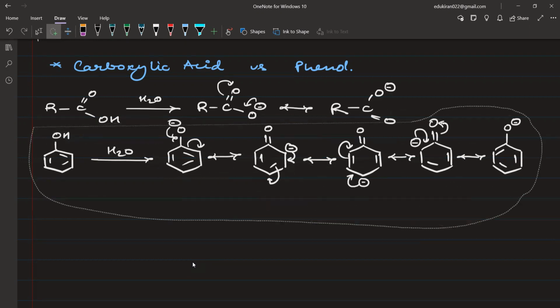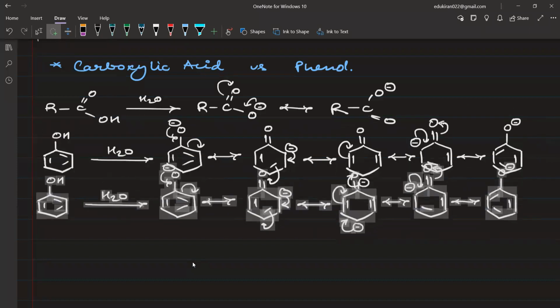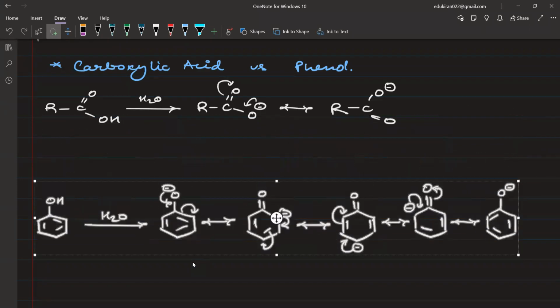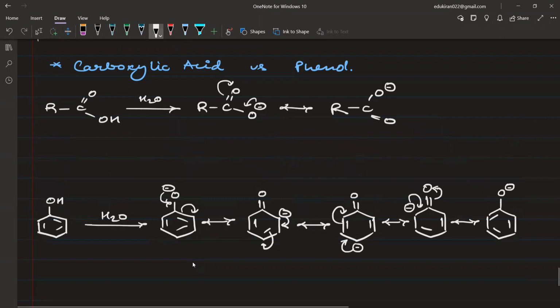If you look at the number of resonating structures, who has the larger number of resonating structures? Tell me, guys. Phenoxide ion or the carboxylate ion? Which has more resonating structures? Phenoxide ion.